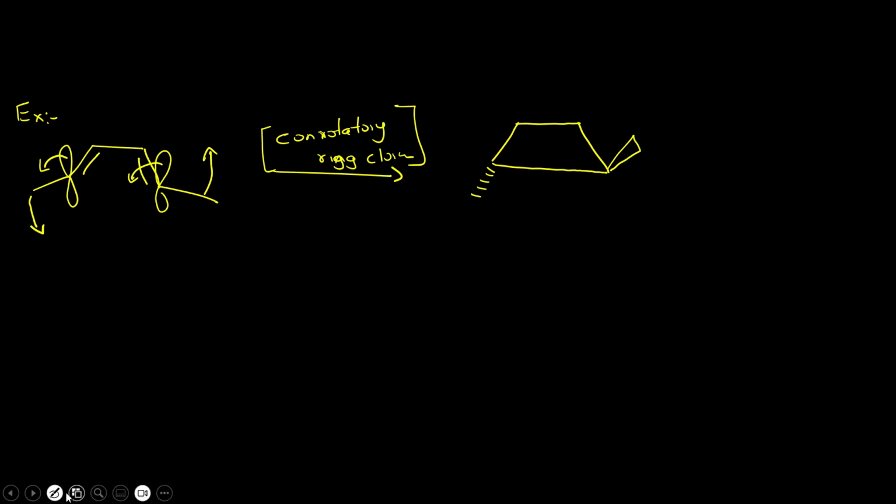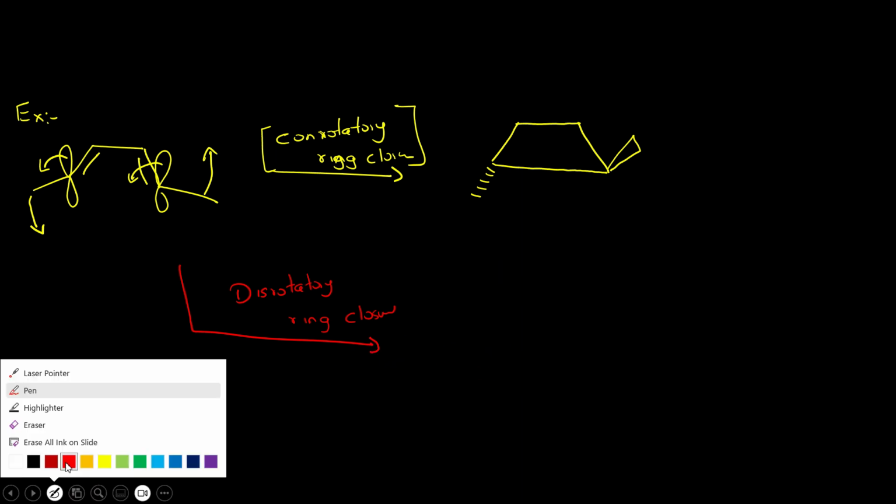And what if I say that you have to draw the structure for the disrotatory? What can you say about the disrotatory ring closure? What would be the structure? I need you to try it yourself.